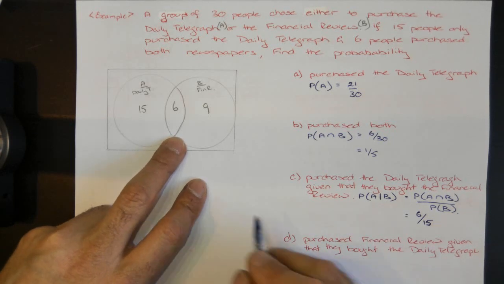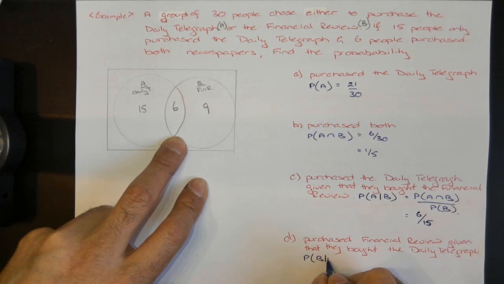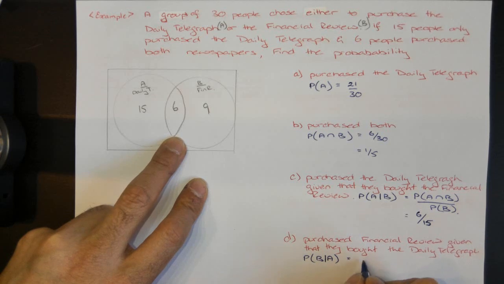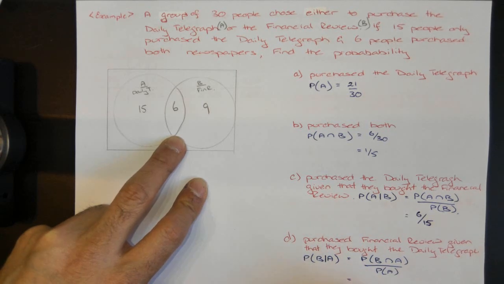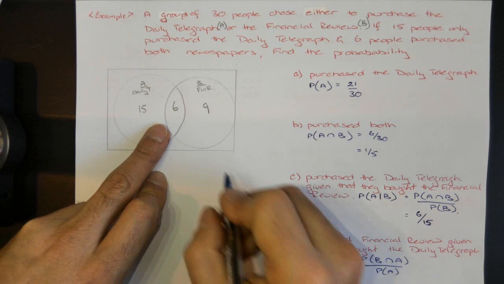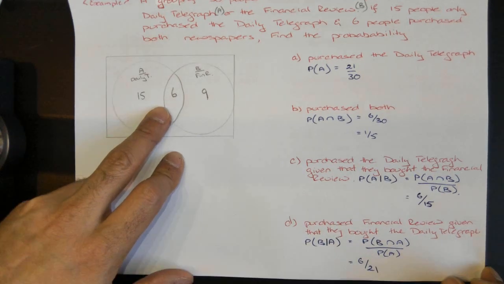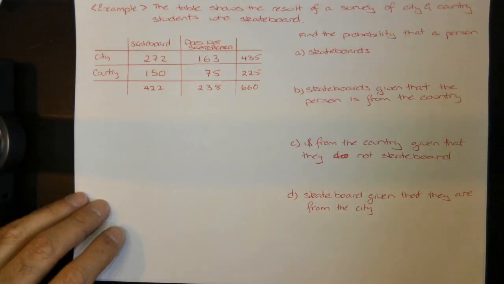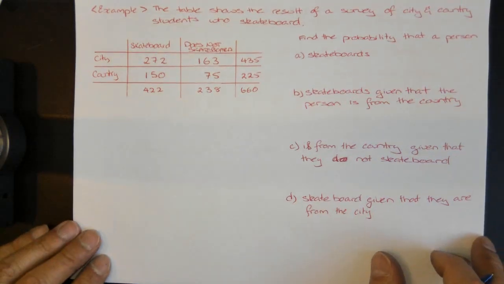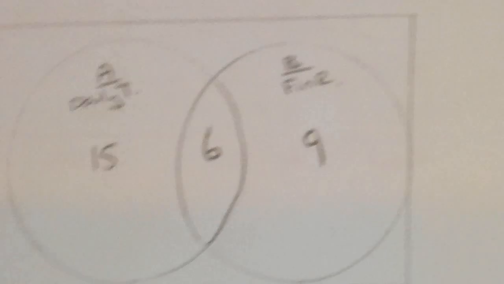Now we want to purchase the Financial Review, that's B, given that they bought the Daily Telegraph, given A. So we go the intersection of B and A over the probability of A. That's going to be 6 over 21.